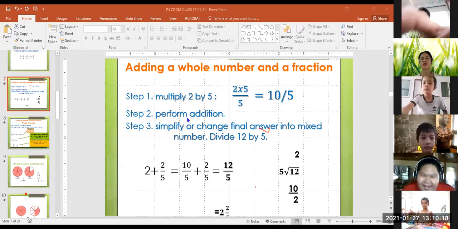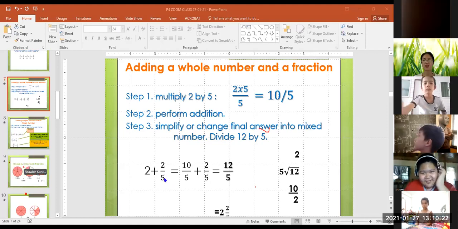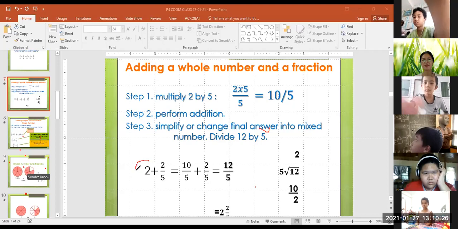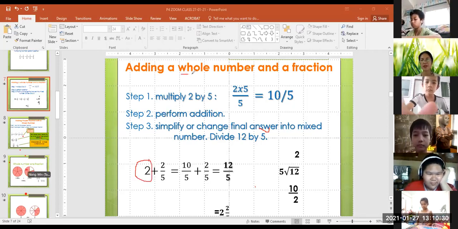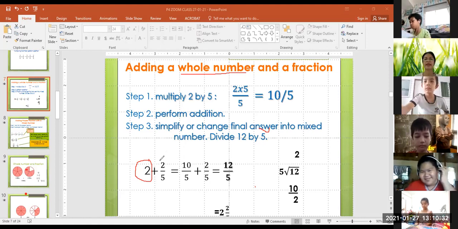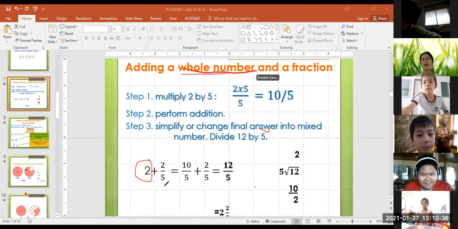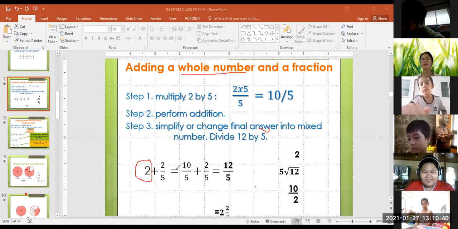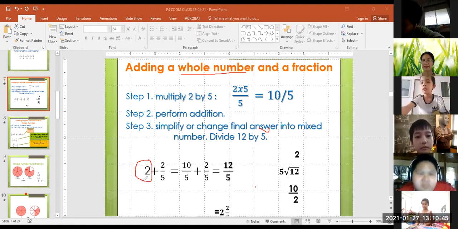So this time, let's do adding a whole number with a fraction. So you have the whole number here. That's the whole number there. And this is your fraction, of course. Now, what we do first is that number 1, we have to multiply 2 by 5.